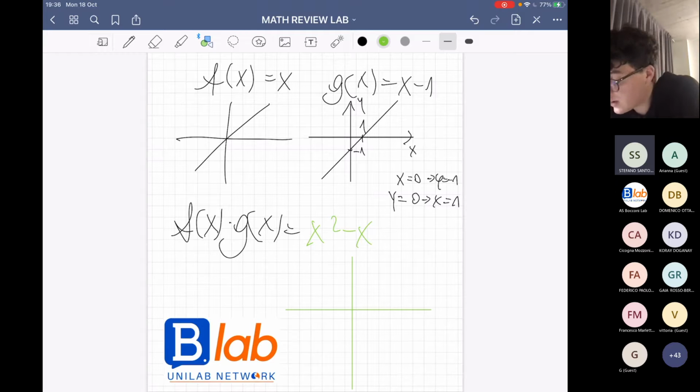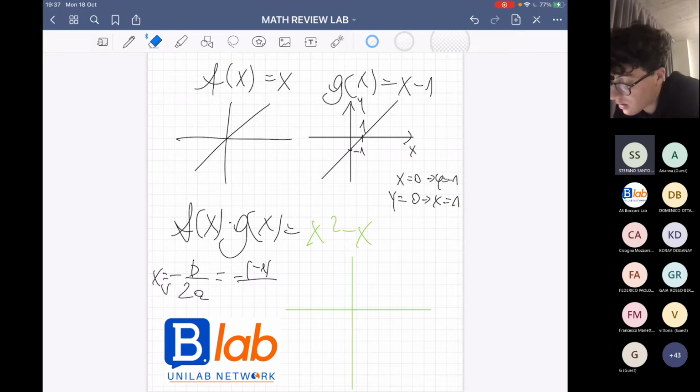What do we have to know to draw this kind of curve? If we want to draw a parabola, we just have to know the most important point, which is minus b over 2a, the x of the vertex. And it's exactly 1/2.